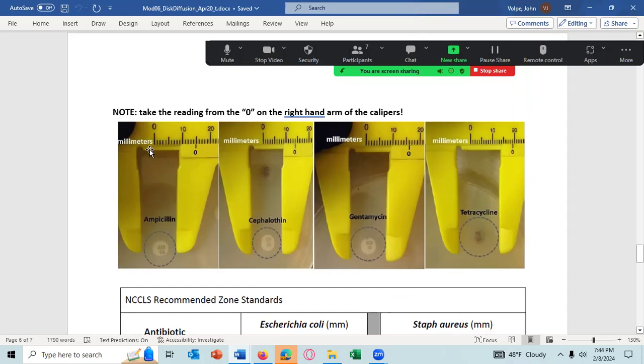The 0 mark is here. And to do the measurement, you measure from 0 here to 0 here. So the correct size for the zone of inhibition for ampicillin when testing against E. coli would be 15 millimeters. And that looks like it's a tad less than 15 millimeters, but we'll call it 15.